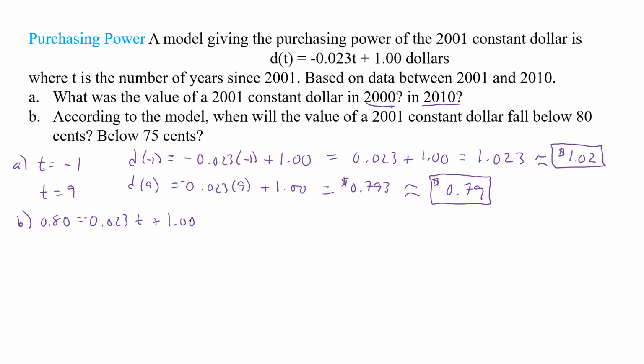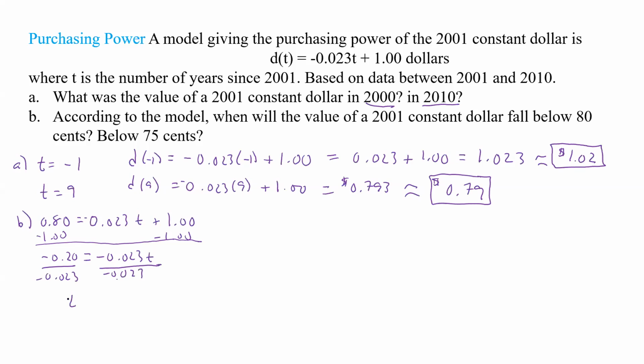We want to solve for t here, so we subtract 1.00 from both sides. Negative 1 plus 0.8 is negative 0.20, and that's equal to negative 0.023t. So we're going to divide by negative 0.023.